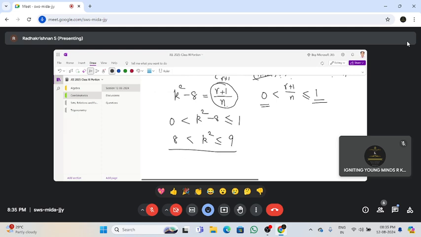So if k square is ranging between 8 and 9, then k will be ranging from root 8 to root 9, plus or minus both.